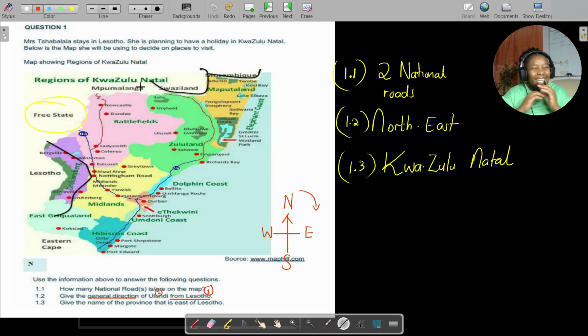So when I want a clear set of directions, for example, if someone asked you how to get to your house from Pick n Pay, you would obviously give them a clear set of directions. You'd say, okay, from Pick n Pay you are going to take a left onto this road, then you're going to pass the first robot and the second robot, and on the third robot you're going to turn right onto this road.